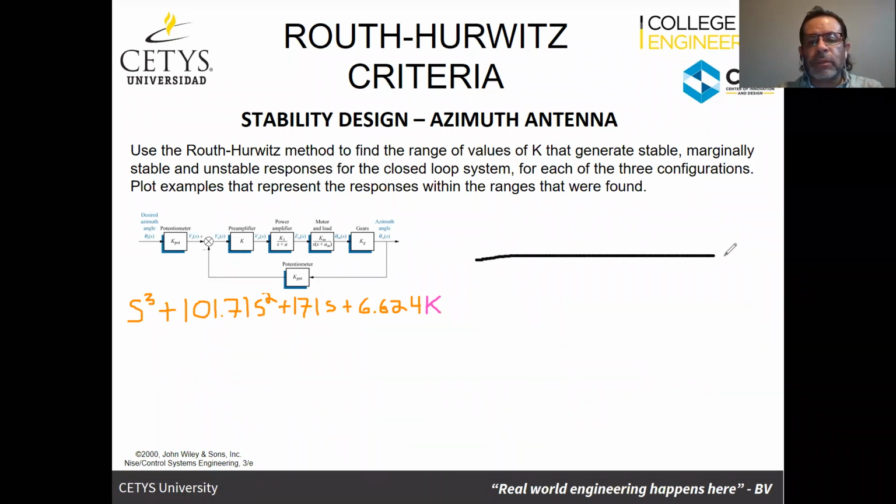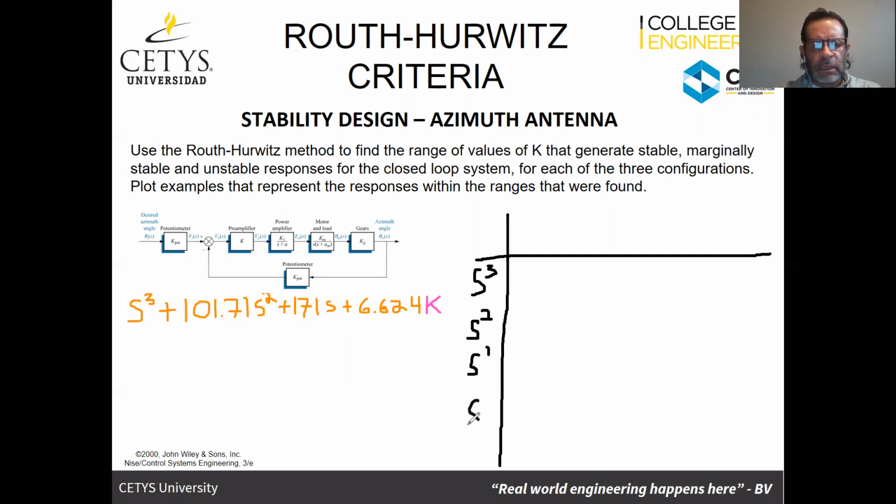I'm going to need your help also with the tabulation. So we've got s to the 3, s squared, s to the 1, and s to the 0. We're going to grab the values from the expression. For the s to the 3 row, we're going to have a 1 and a 171.